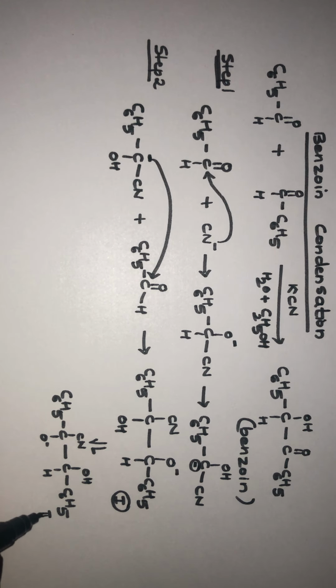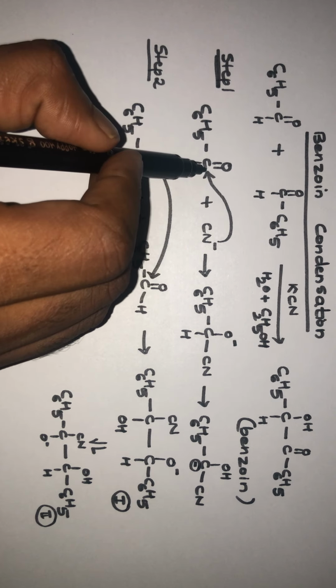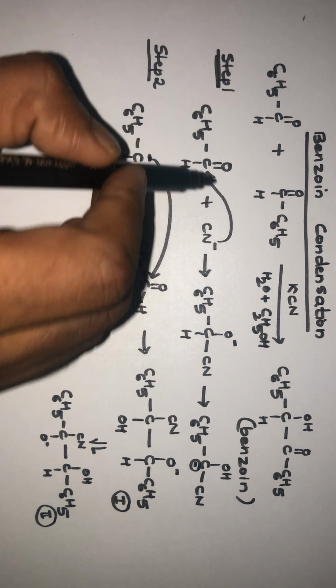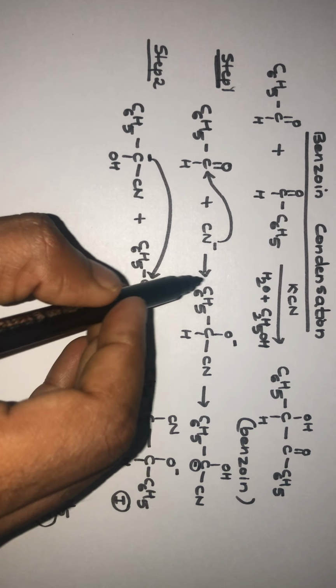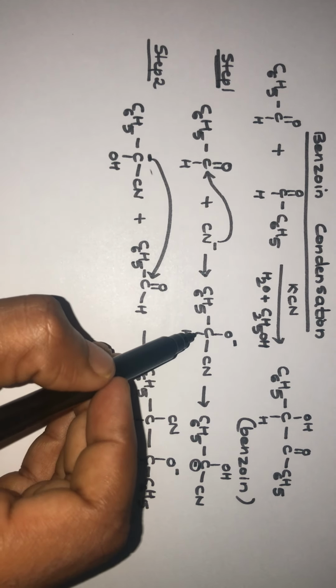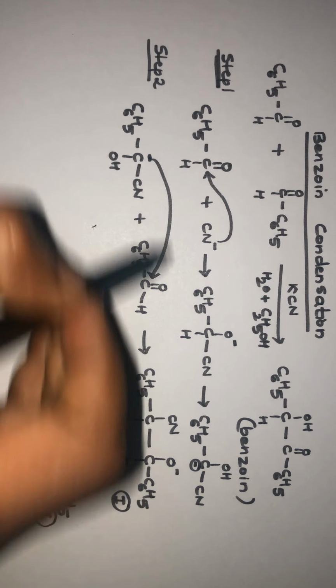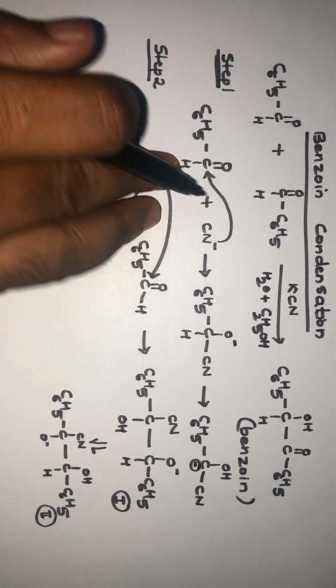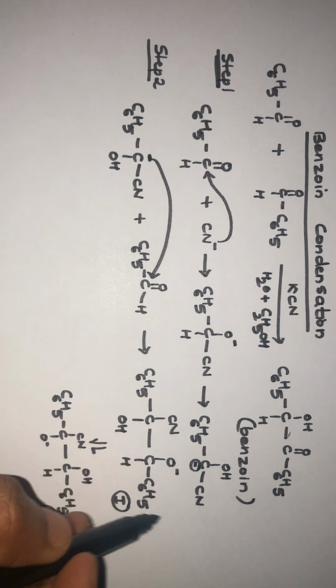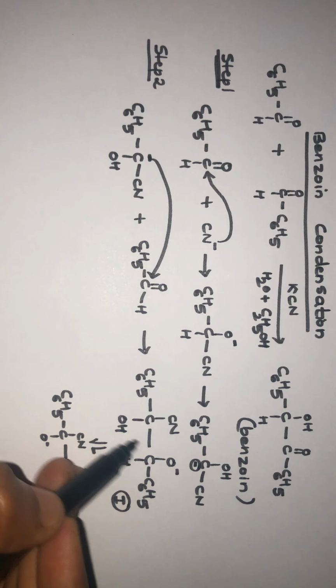So anion 2 is formed. Very simple. The cyanide ion attacks this carbonyl carbon, resulting in the formation of this anion. Then a proton transfer takes place, so a carbanion is formed. This carbanion attacks another aldehyde molecule, resulting in the formation of this anion. There will be a proton transfer here.